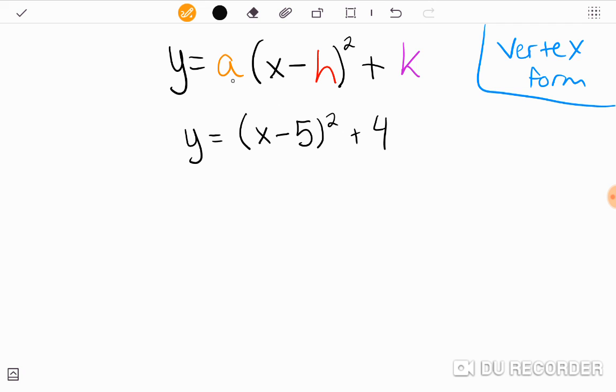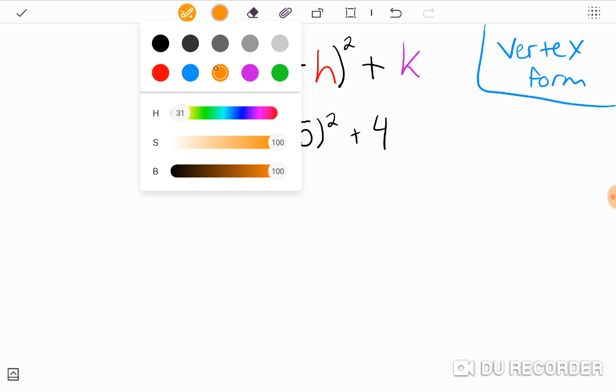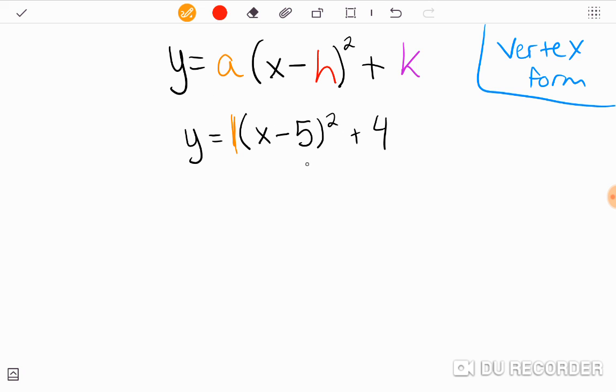Look at our problem. Our a value is just 1. There's nothing there. My a is 1. My h is this 5. Now something to look at. This minus is part of the equation. It's x minus, x minus.